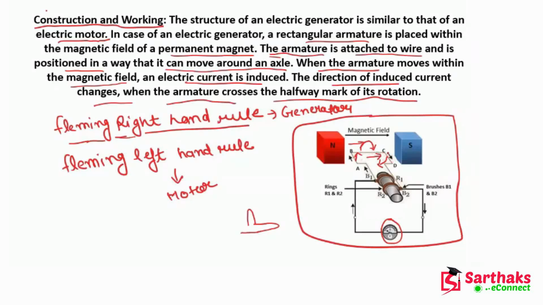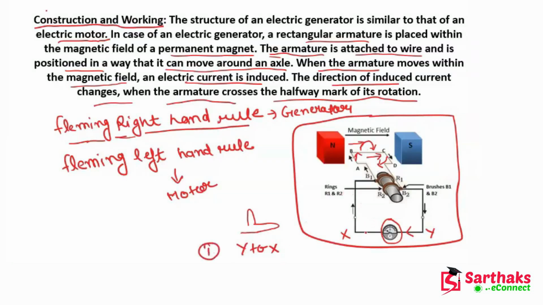So the current in this circuit will be flowing like this. Let's suppose this is the point X and this is the point Y. The current flowing in this circuit will be from Y to X. This is in the first case, and this is very important.